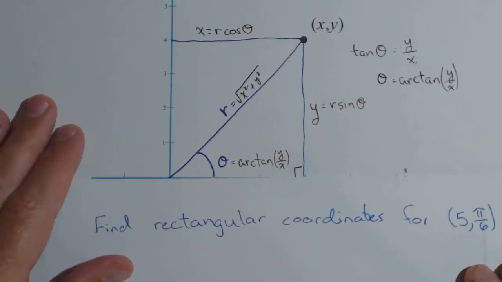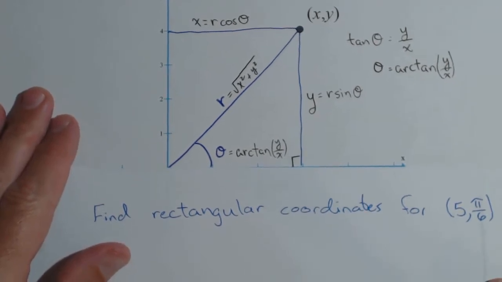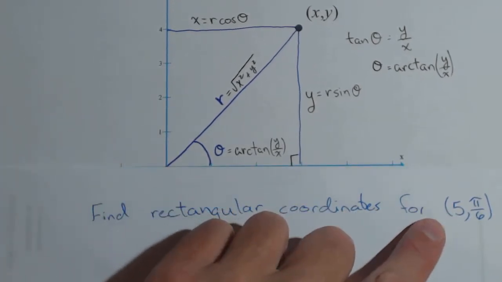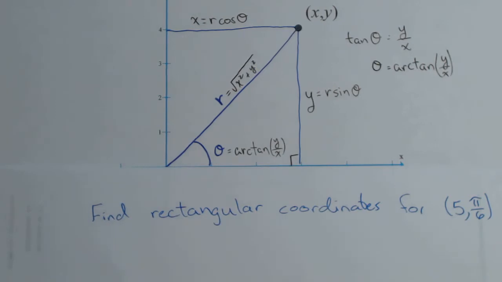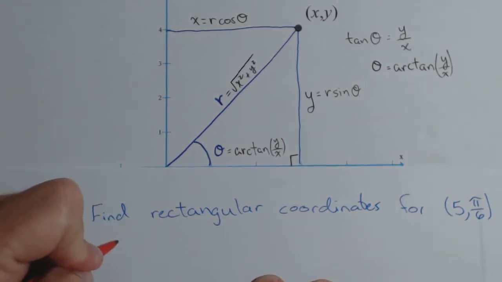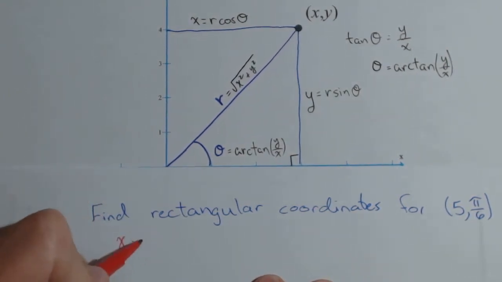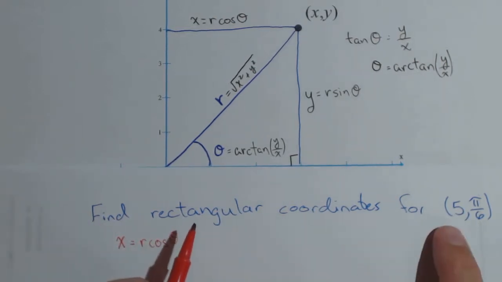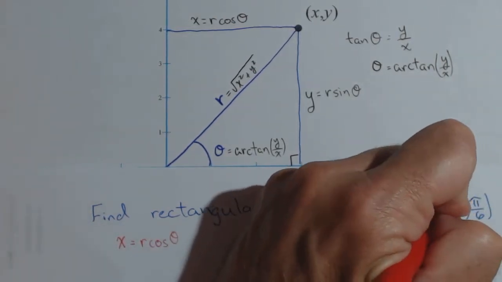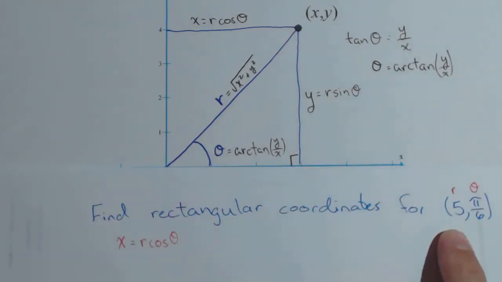Let's say we want to find the rectangular coordinates given that the polar coordinates are (5, pi over 6). This is nice because it's very straightforward, because we know that in rectangular, x is equal to r cosine of theta. Well, a polar coordinate is always given as r comma theta.